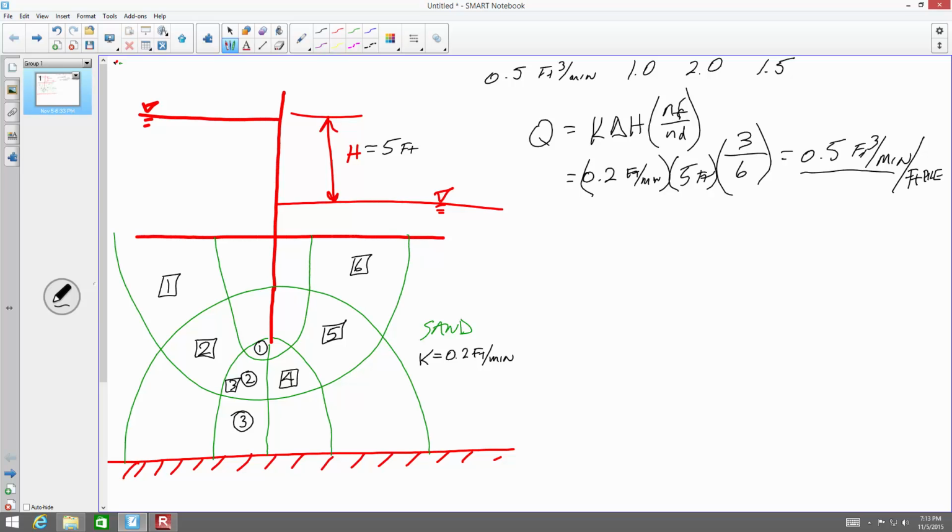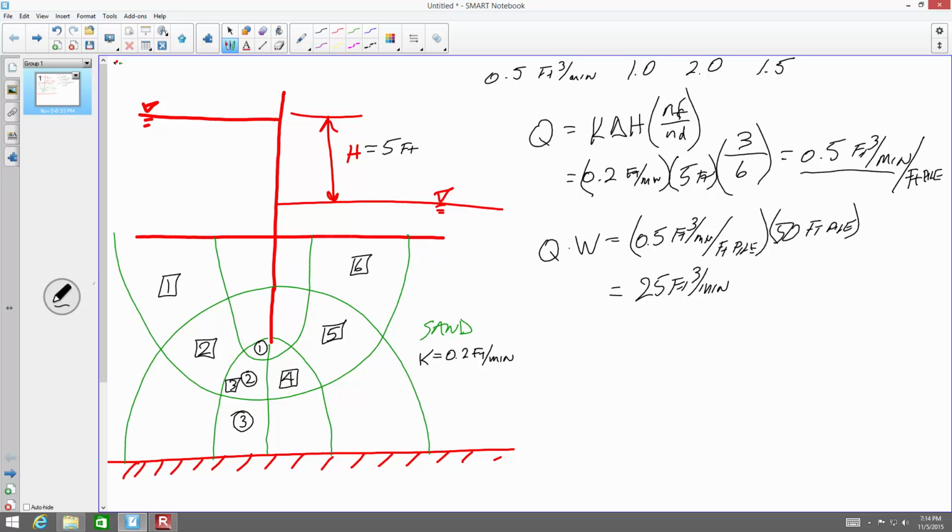I'm going to take that Q times the width to get the total value. So that Q was 0.5 feet cubed per minute per foot of pile times 50 feet of pile. That's going to give me 25 feet cubed per minute.